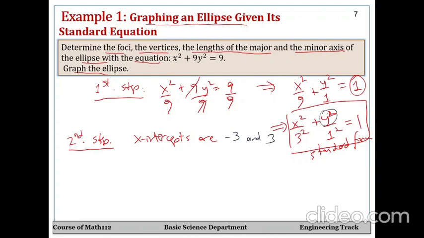Now for the y-intercepts, you make x equal to 0, and then you can find the y values, which are -1 and 1. So it's coming from here, by the way. Then you can find the foci.